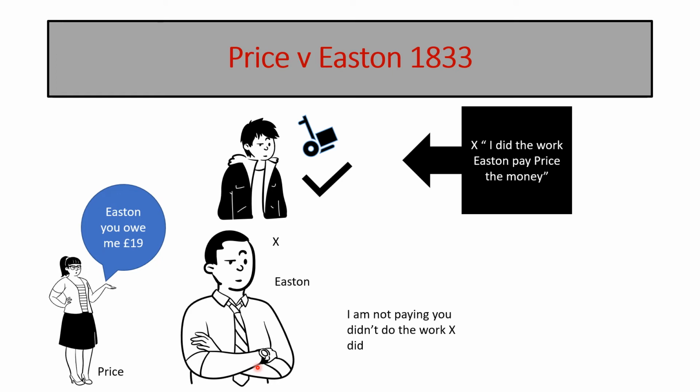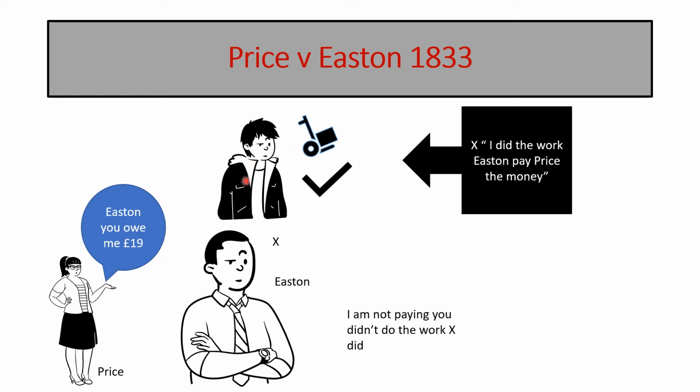What was the promise that Easton made to X? Well, he promised to pay Price £19 if X did the particular work that Easton wanted done.